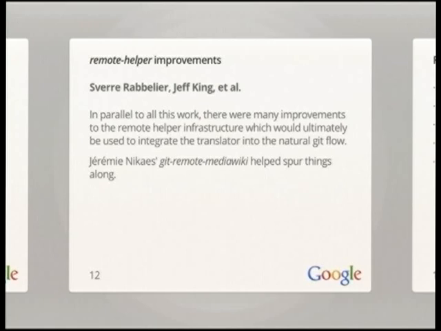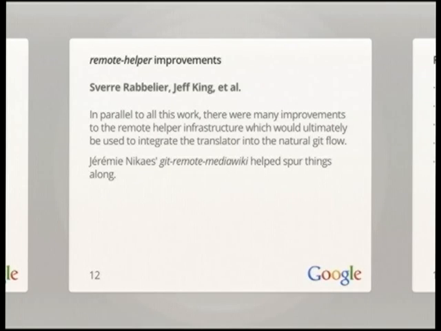Yeah, so in the meantime, there was a lot of work going on by Sever Rabelia and Jeff King, also known as PEF, to clean up the infrastructure required for native support for other protocols. They were doing a lot of work tightening up the remote helper API and related things.